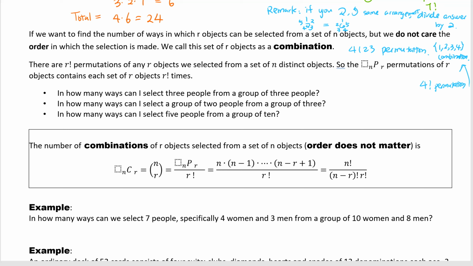That's why for a set of R objects, we have R factorial permutations representing the same combination.